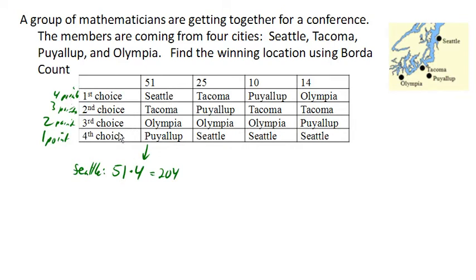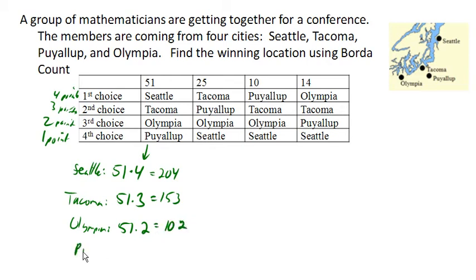Meanwhile, Tacoma is going to earn 51 votes, each earning them 3 points, and so that's 153. Olympia now is going to earn 51 votes, 2 points each, that's 102 points, and Puyallup is going to earn 1 point each, which is 51. So that's the number of points earned from these 51 voters.